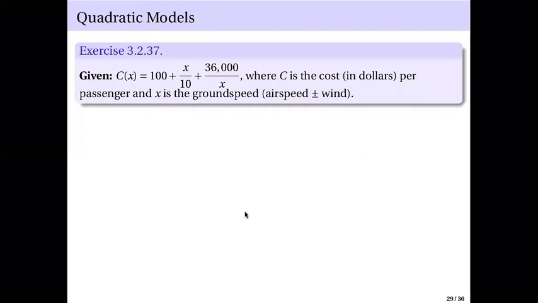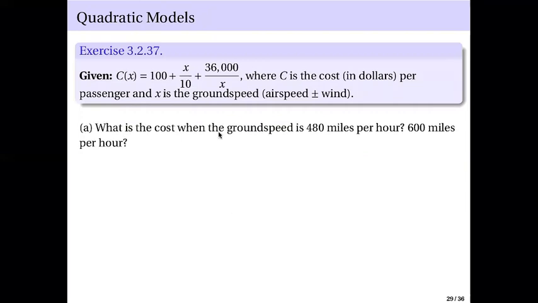For our first problem, what is the cost when the ground speed is 480 miles per hour? And what is it if the ground speed is 600 miles per hour? It's straightforward. All we have to do is substitute x equals 480 and x equals 600.